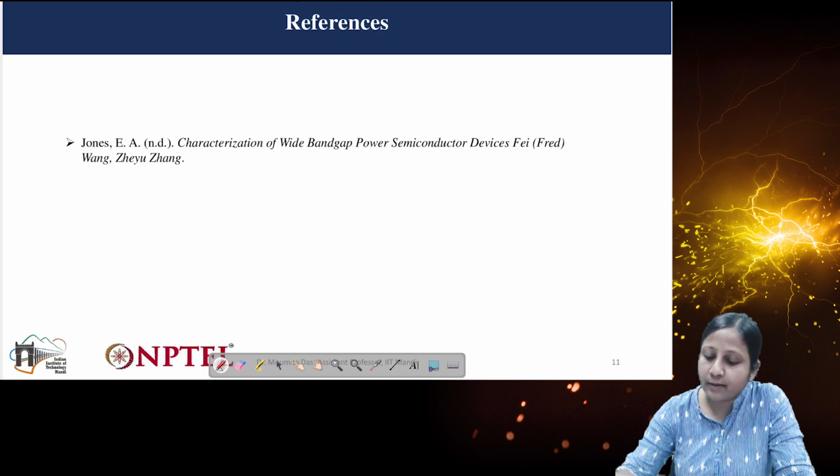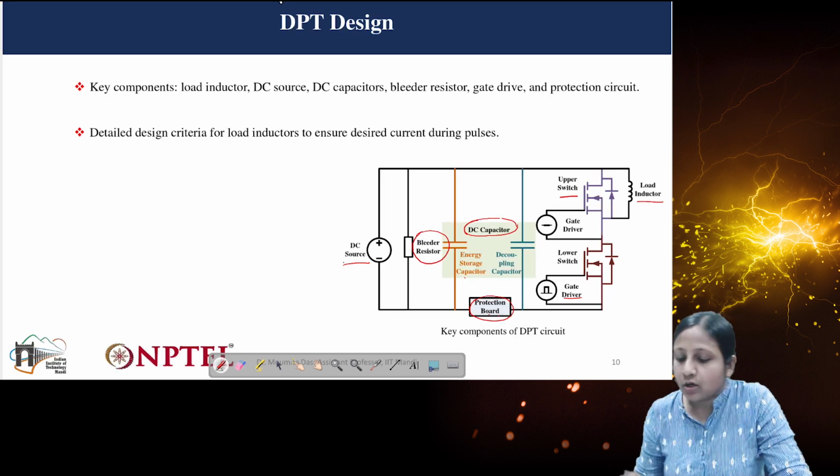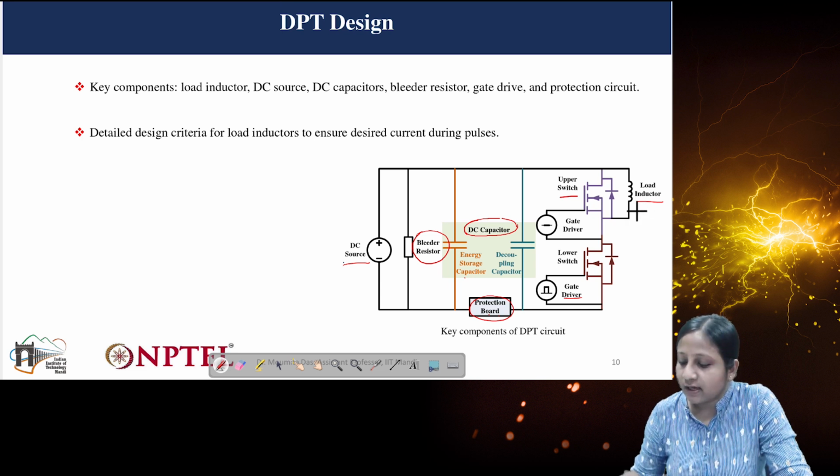If we have to test the circuit for another voltage and current level, then we have to assume that the inductor current will start from zero. So after every test, the inductor and capacitor have to be provided a path so that they will discharge. The inductor will provide its charge to the capacitor, and the capacitor will discharge through this bleeding resistance. That is why this bleeder resistor is provided in the DPT circuit.